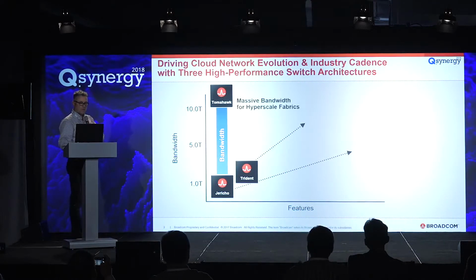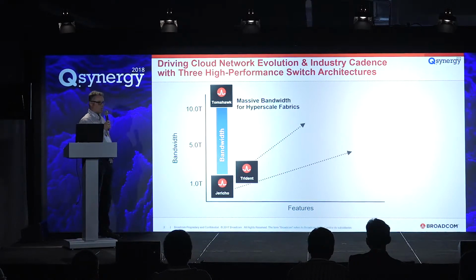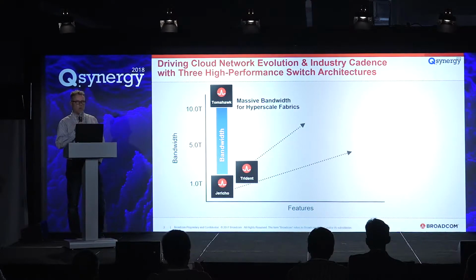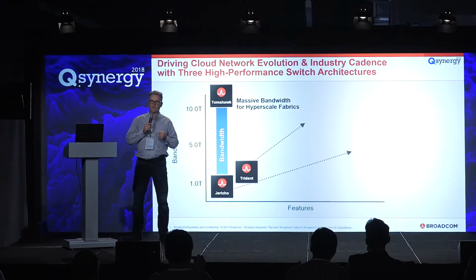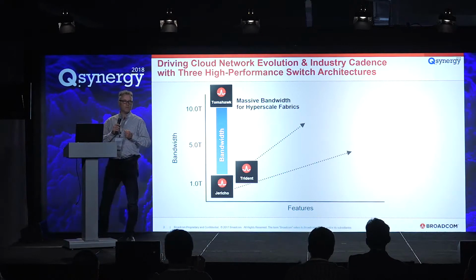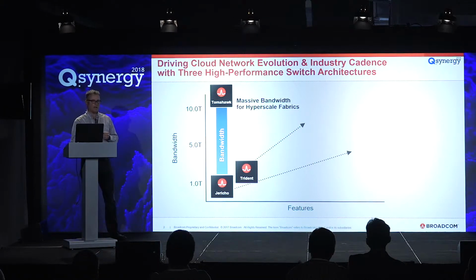Okay, so the Tomahawk line is what we're talking about today, in the latest flagship, the Tomahawk 3. This is focused on massive bandwidth for hyperscale fabrics. So Paul said speed, speed, speed. Absolutely true. This is like the Ferrari race car, okay? It's just designed to cram as many speeds and feeds as you can into a piece of silicon.